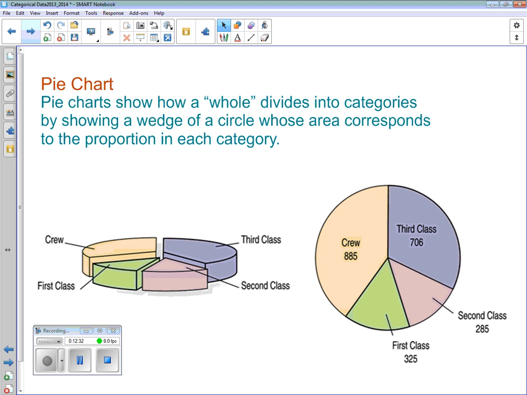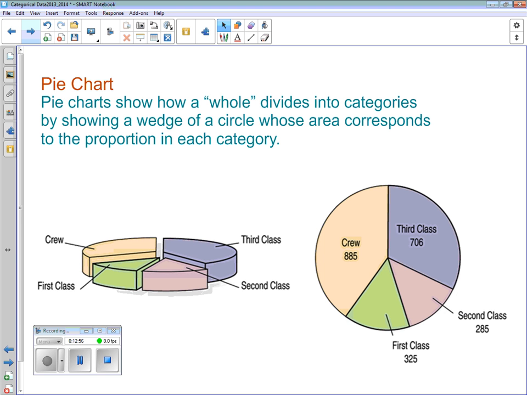Now, if you look, these are two different views. You can get all fancy if you have Excel or anything that will create a pie graph for you. I'm not sure which one is better, and they're just talking about the area of the wedge corresponds to the percent of the circle. Okay?